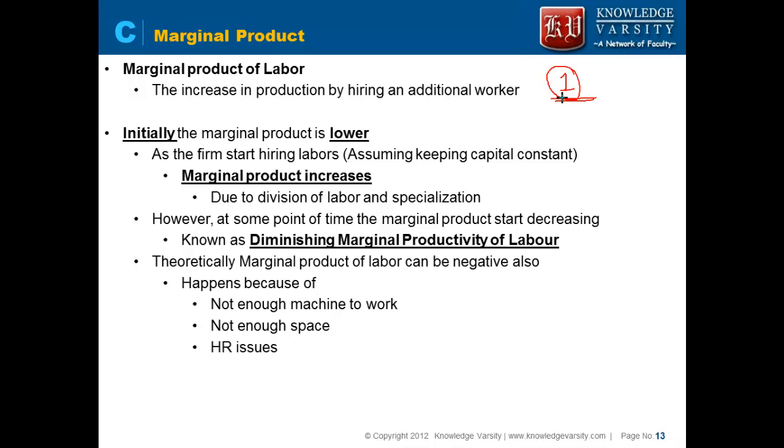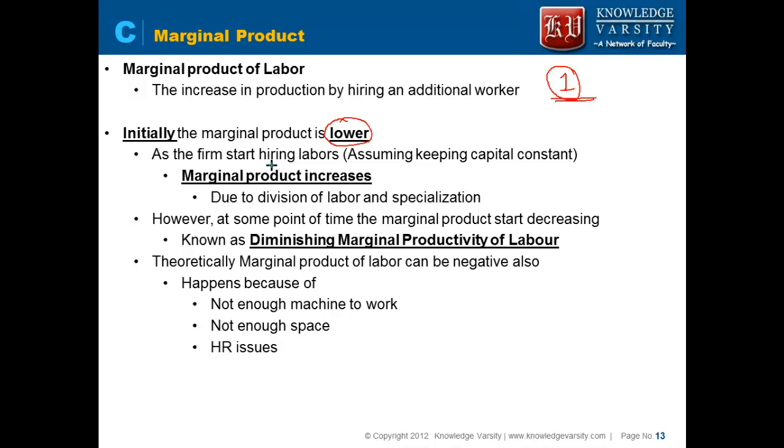So what can be said about the efficiency of this person? Since he is doing everything, the output produced by him will be very, very less. The production done by this firm will be very less. So initially the marginal product is lower. That is, the production done by one person is lower.